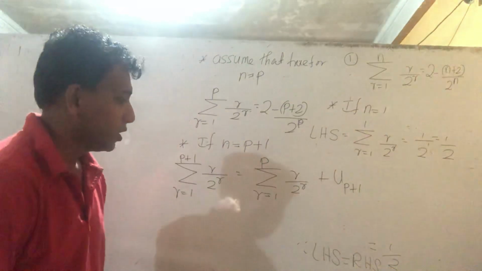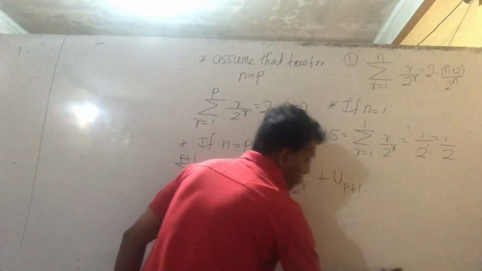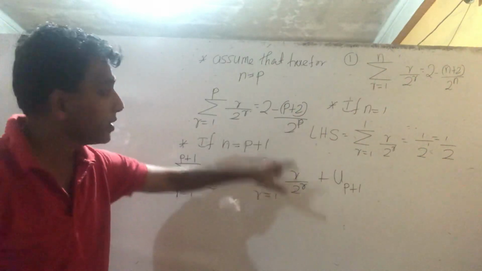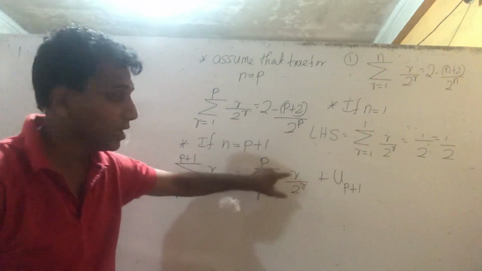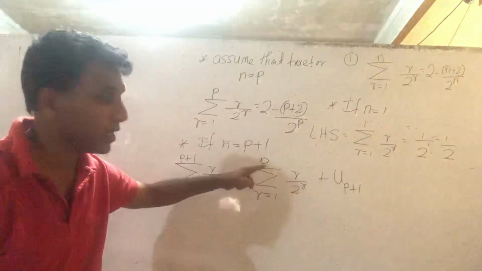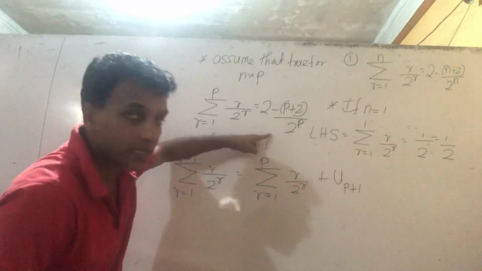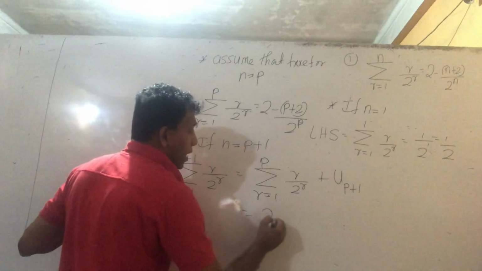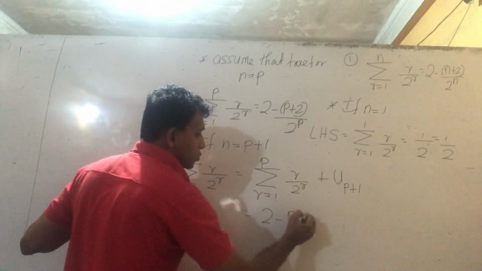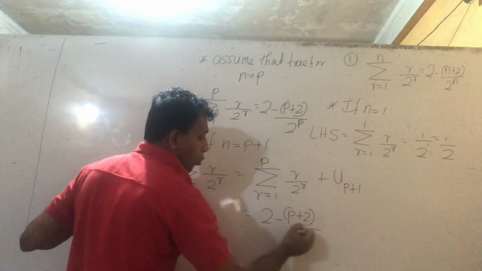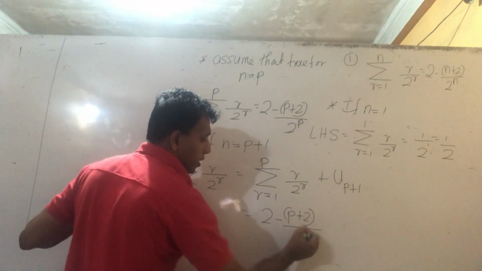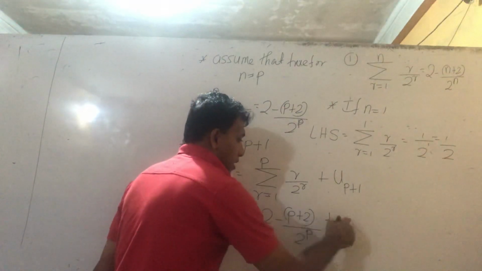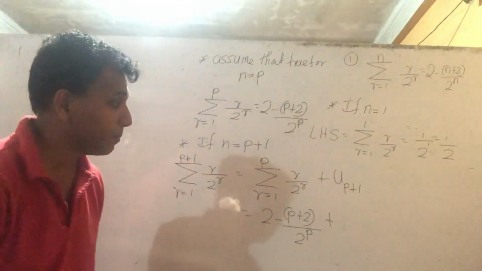Wherever we use n for p plus 1, we need the assumption n for p. Copy the n for p answer here. That means sigma r 1 to p is this answer, and we substitute here: 2 minus (p plus 2) over 2 to the power p, plus the p plus 1th term.